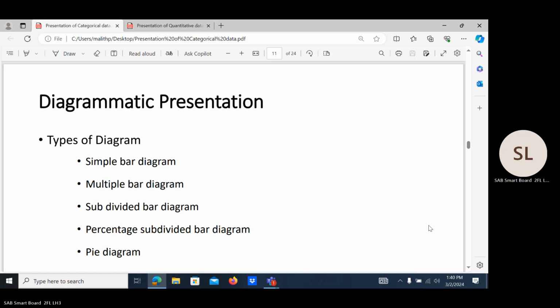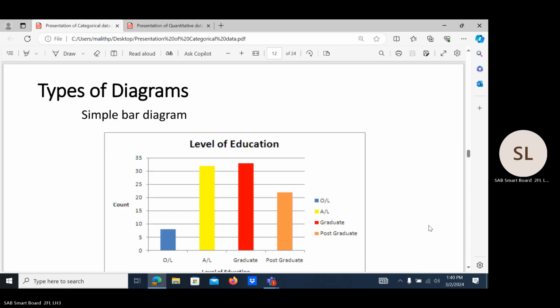Then first one is what? You know, simple bar diagram. What does it mean? Simple bar diagram can be drawn either horizontal or vertical way. Vertical.